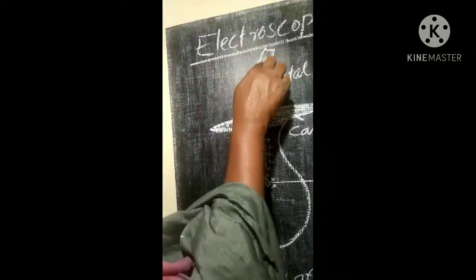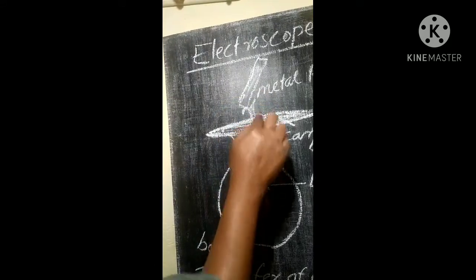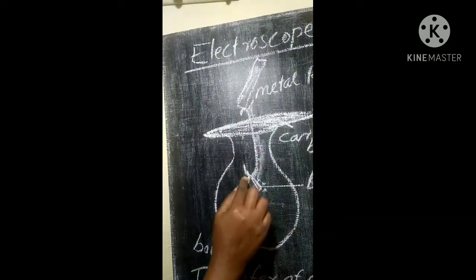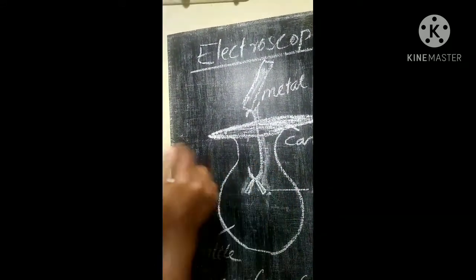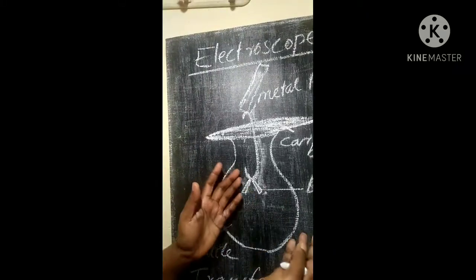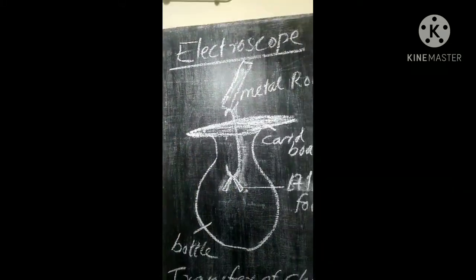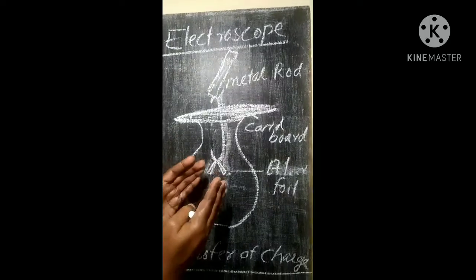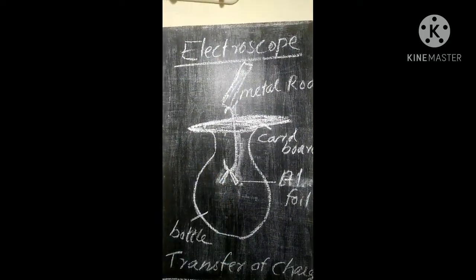If there is no charge in it, what will happen? No charges will flow from the scale to the metal rod of the electroscope, and nothing will happen to the aluminum foil. It will remain without any movement.